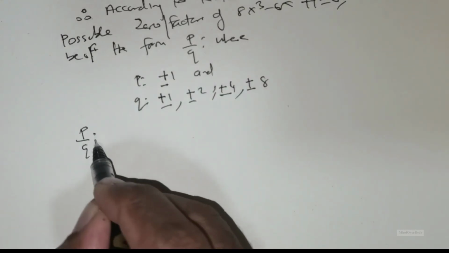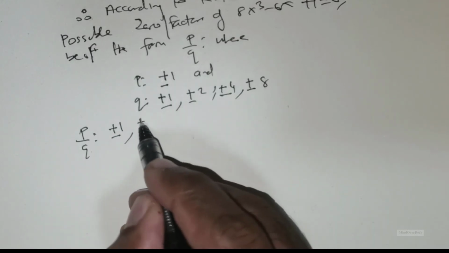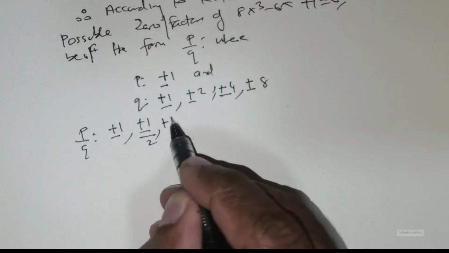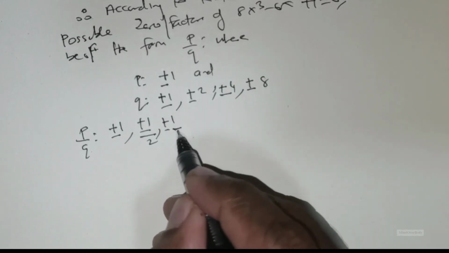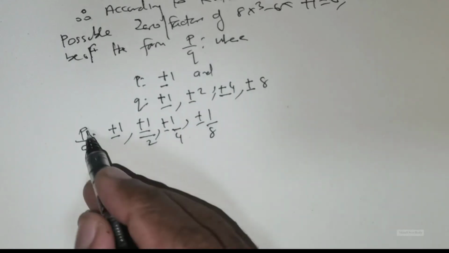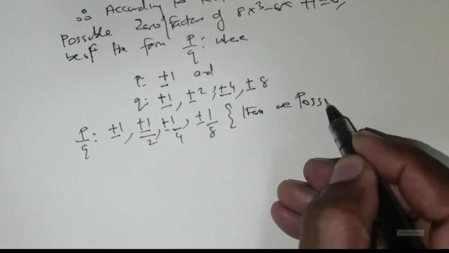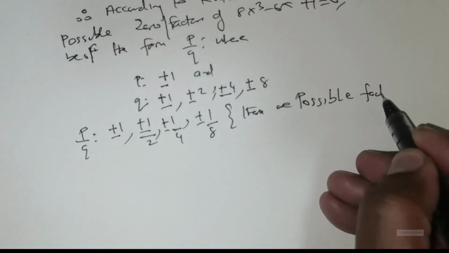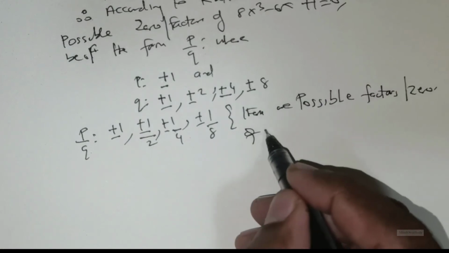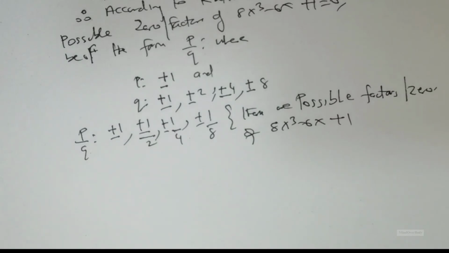So p divided by q would be plus 1 minus 1 over 1, plus 1 minus 1 over 2, then plus 1 minus 1 over 4, plus 1 minus 1 over 8. So these are the possible, that's a very important word, possible factors or zeros of 8x cubed negative 6x positive 1.